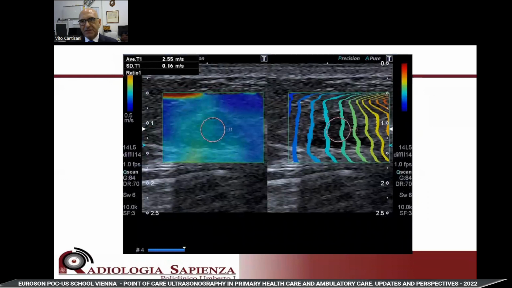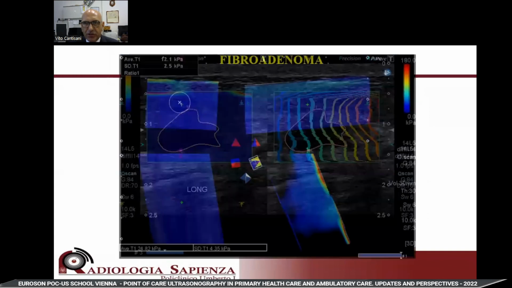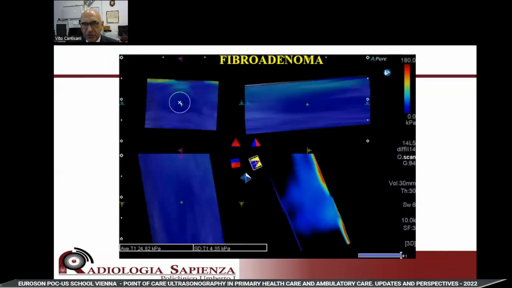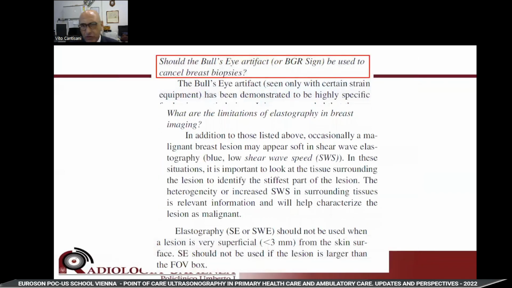You have to be consistent in your measurement. You follow the qualitative indicator and you obtain good and reliable results, with the possibility also of 3D representation in different planes.